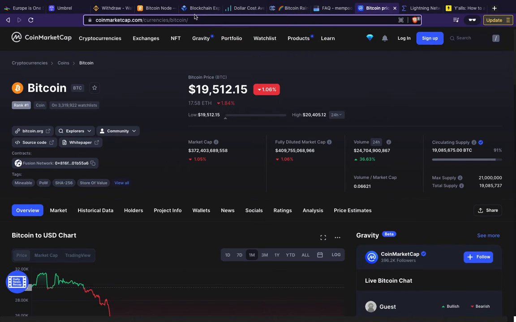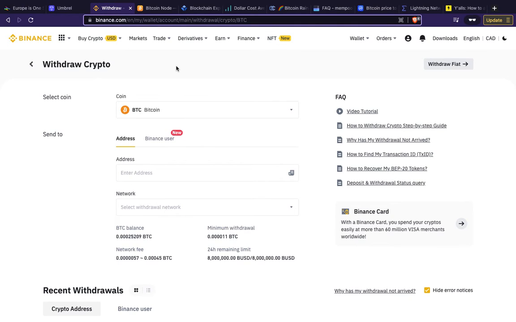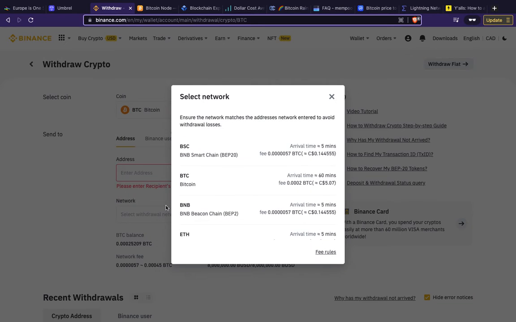And the last thing I want to check on, is it really the last thing? I was telling you about how to withdraw your Bitcoin from exchanges. You click on withdraw, and then you put your Bitcoin address there. Then you choose the network you want to use, which is the Bitcoin network, right?